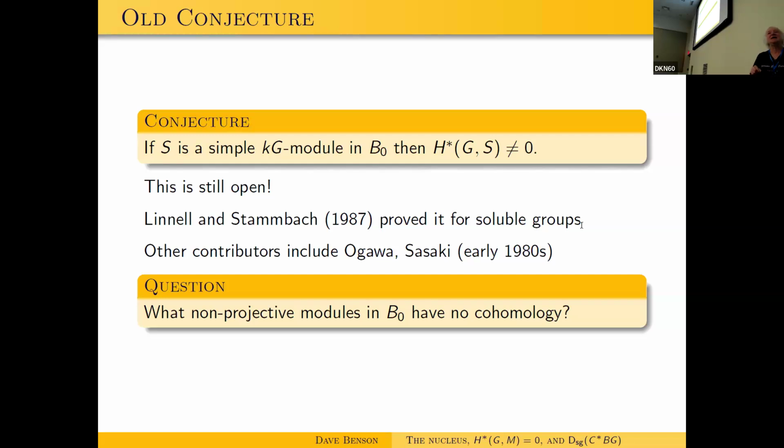Take cyclic 3 cross symmetric 3. Both have 0 nucleus, that is, empty nucleus, but their product has a non-zero nucleus. Okay.